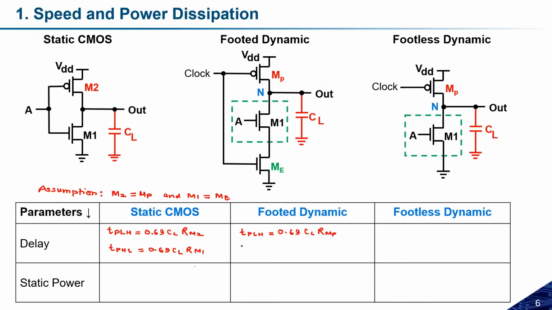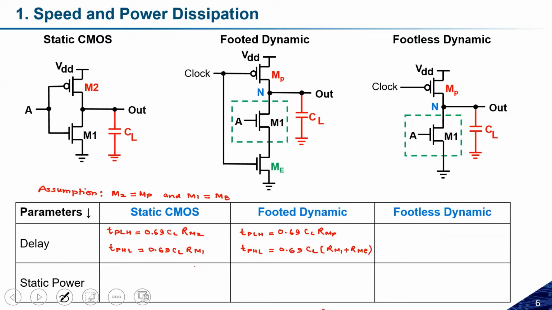And similarly, TPHL will be something different here, and it will be 0.69 into CL into (R M1 plus R ME).